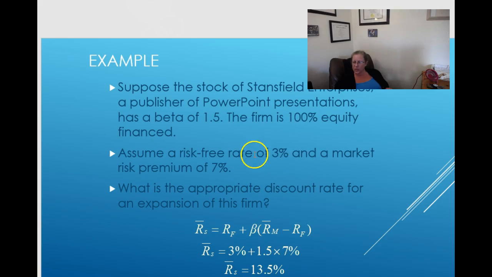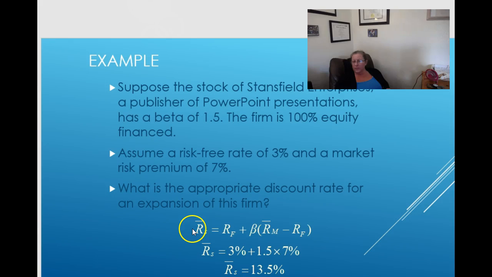So 3% is your risk-free rate, but the market is saying because this particular firm has some risk involved, we want an additional 7%. What would be the appropriate discount rate for an expansion of this firm? What would they expect as their discount rate?